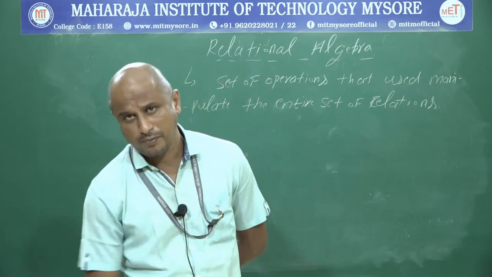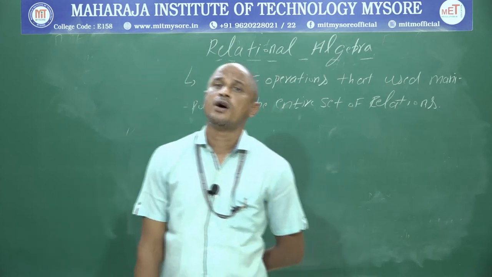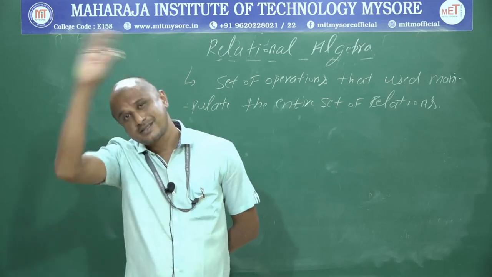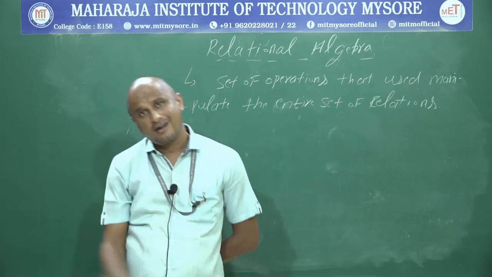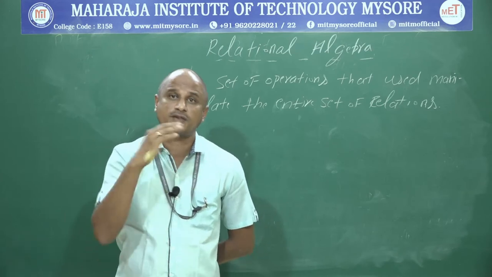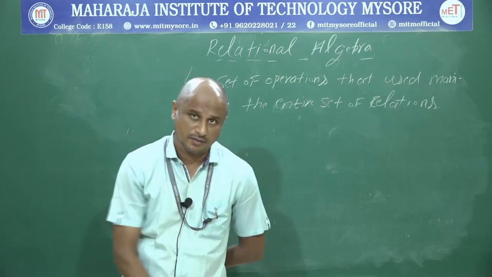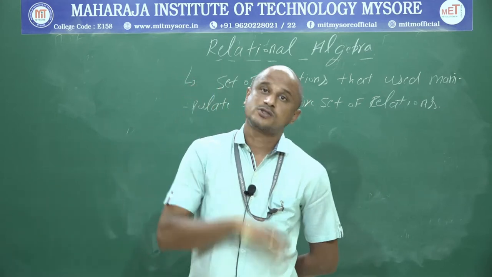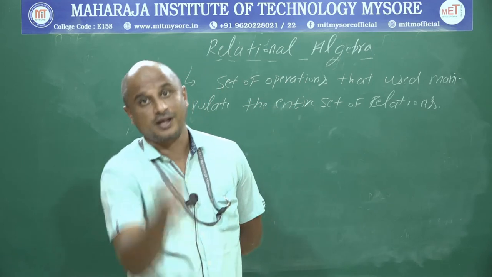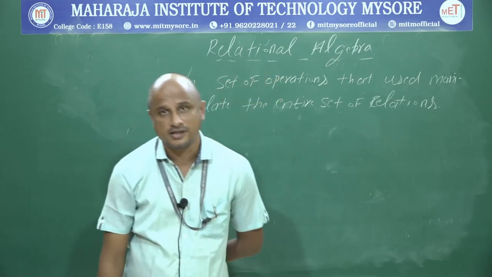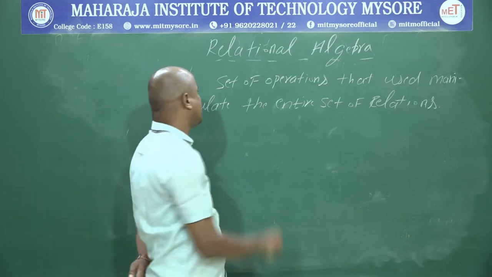If I consider what I call the company database, then I think of the employee table, department table, project table, works-on table, and dependent table. So the entire set of relations can be applied with a set of operations, and that is called relational algebra.